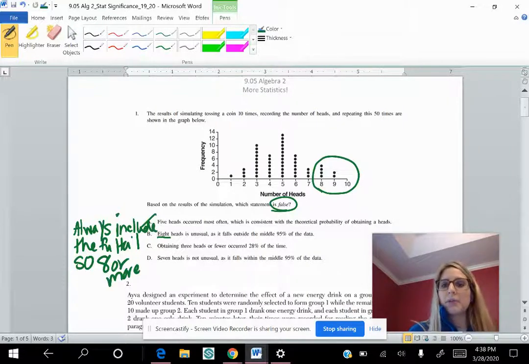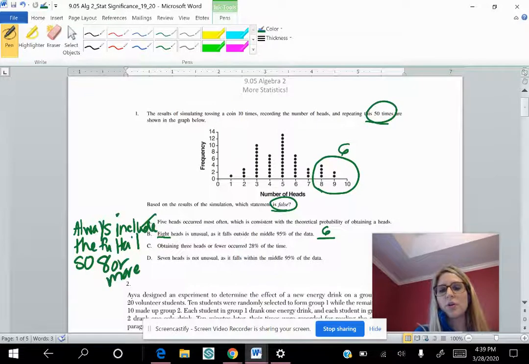Now I want to figure out whether it falls within the middle 95% of the data. I'm going to count up my dots: 1, 2, 3, 4, 5, 6 dots. So 6 times we had 8, 9, or 10 heads when we repeated this simulation 50 times.